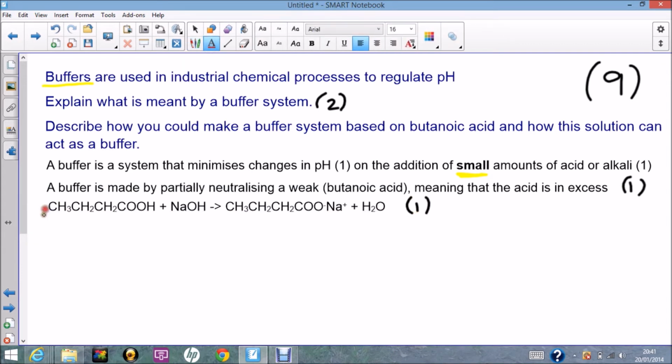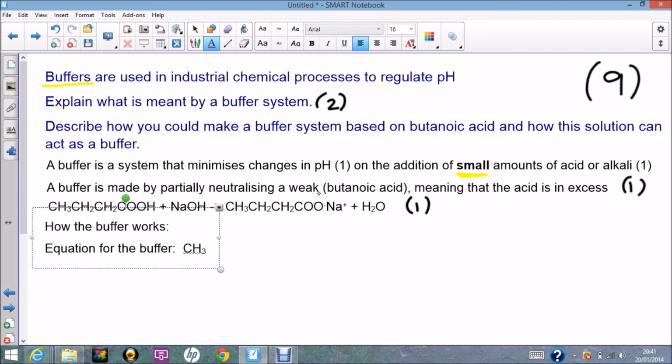Then I'm going to talk about how the buffer works. Okay, so the first thing I'm going to do is include an equation for the buffer. So remember, look back up at this equation for making it. Any metal ions you use from your alkali take no part in the buffer, so you leave them out.